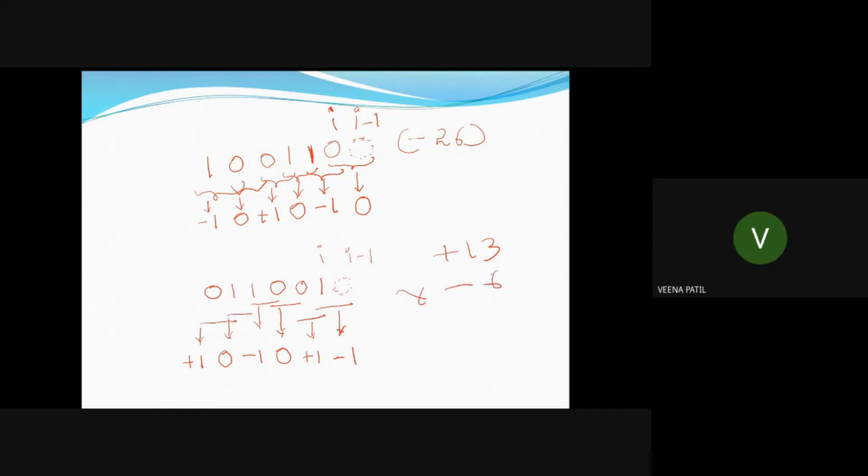Please, first of all, write its binary representation, because in the exam he will give only like this. He will not give you the binary equivalent number. Can you tell me what is the binary equivalent number of 13 and -6?